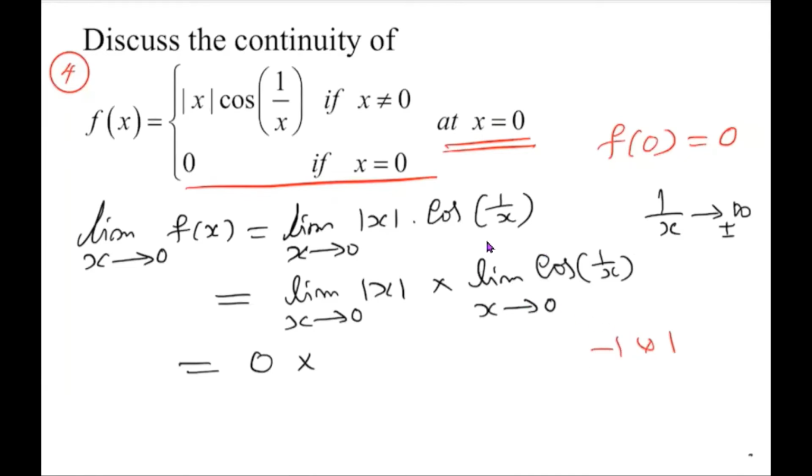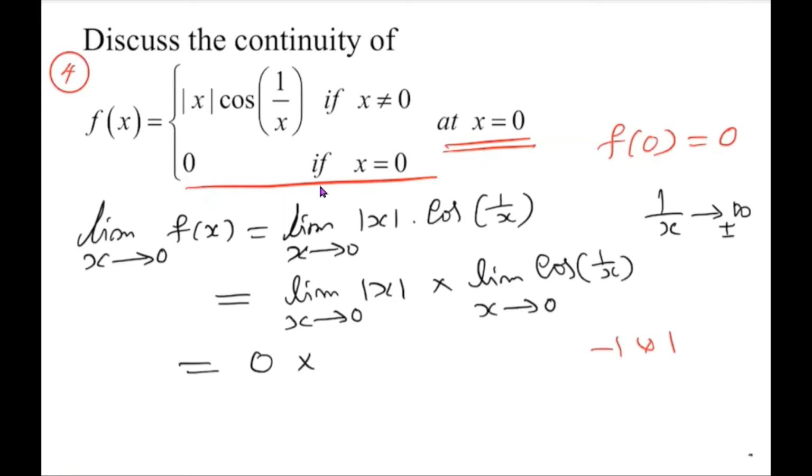If you take this limit independently, we must say limit doesn't exist because the values are oscillating between minus 1 and plus 1. But here in this particular problem, whatever the value you get here is multiplied by 0. So final expression will be 0.